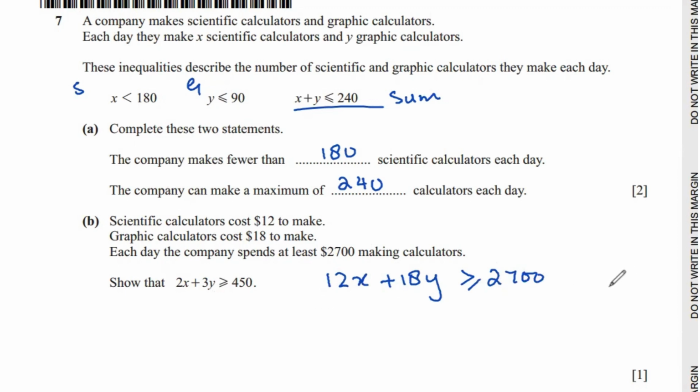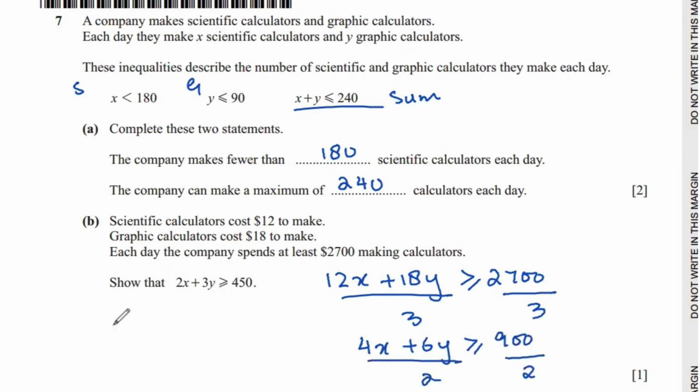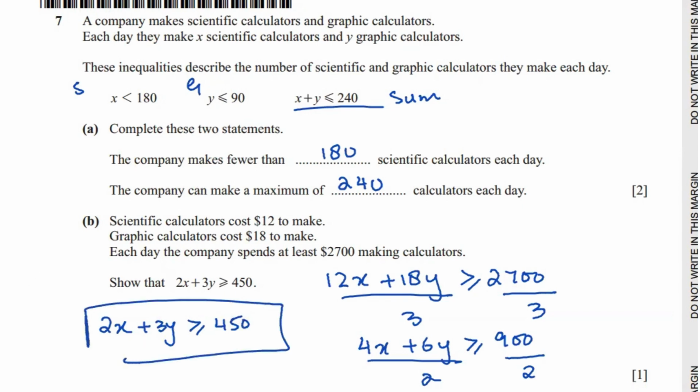If we divide these by 3, we get 4x plus 6y and 900, and we can again divide these by 2, which leaves us with 2x plus 3y greater than or equal to 450, which is what they wanted us to show.